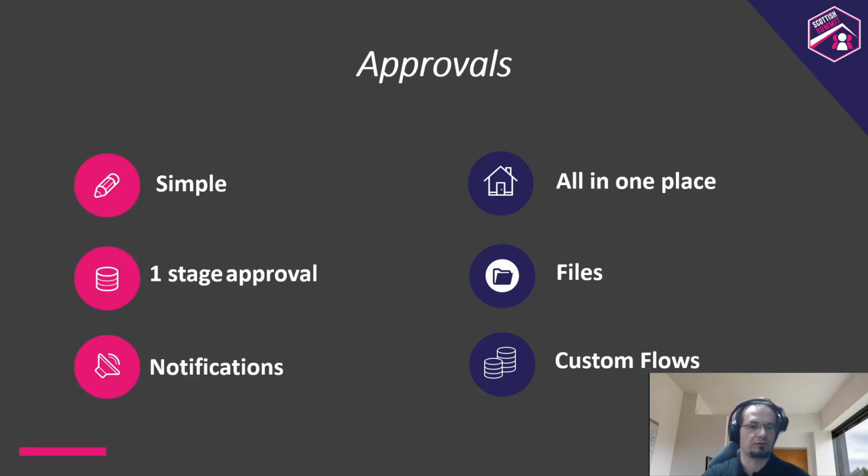You can also use custom flows with custom triggers and custom data sources, and those custom triggers will work with approvals in Teams. So now let's go to Teams and I will show you how it looks and what you can get from this.